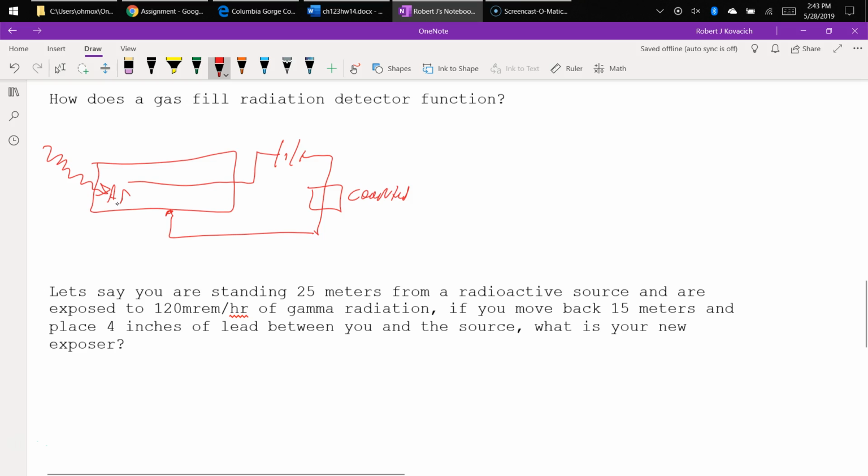Radiation comes in here and smacks the argon, and I'm left with an argon with a positive charge and an electron. The center wire here is positively charged with 2,000-ish volts of electricity, and the can is negative 2,000 volts of electricity, because this is the anode side of the battery, and this is the cathode side of the battery.